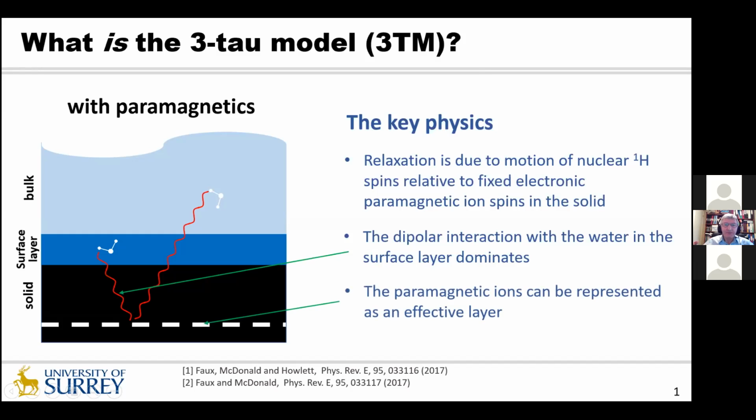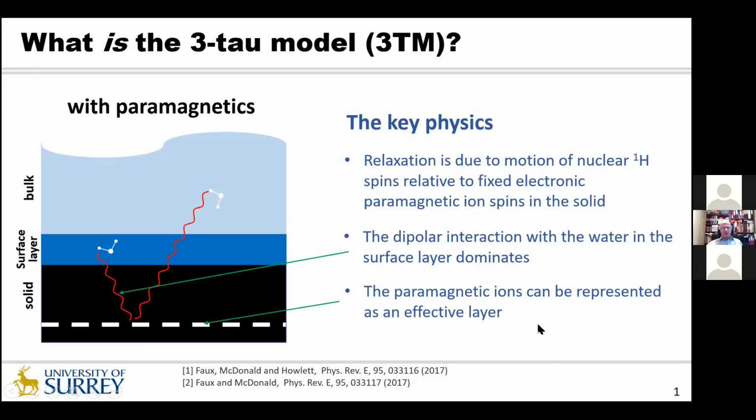The third piece of key physics that's been identified as being useful for these systems, which is incorporated in the 3-tau model, is that the density of the paramagnetic ions in the solid is assumed to be representable by an effective layer of ions, which is illustrated by the white dashed lines in the figure here.